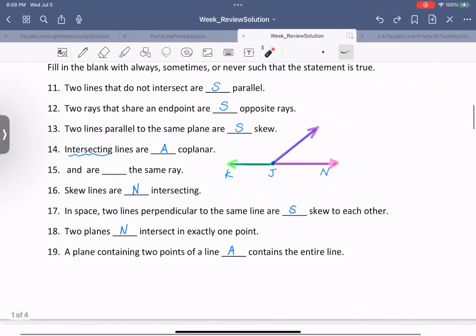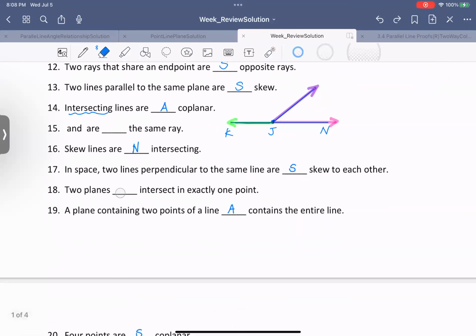Next one. Timothy, let's do this. Go ahead, number 18. Two planes, never. Good job. Two planes either overlap or cross along one line, so this is never.